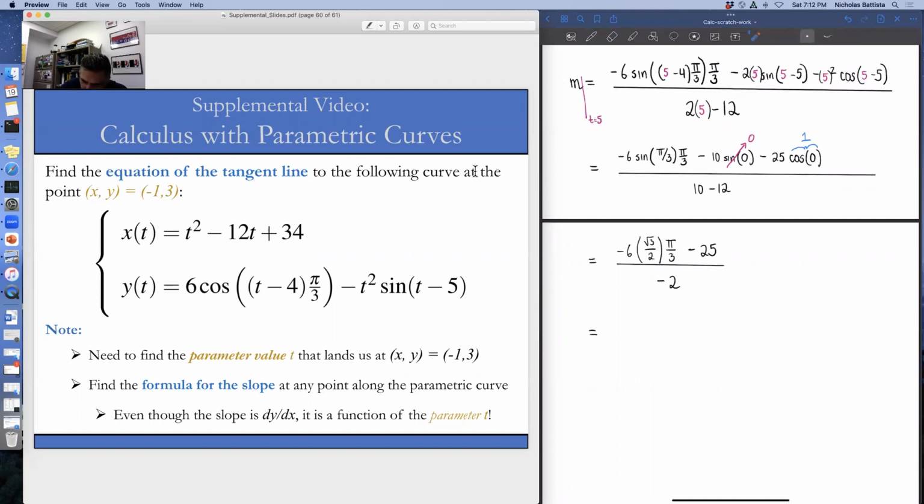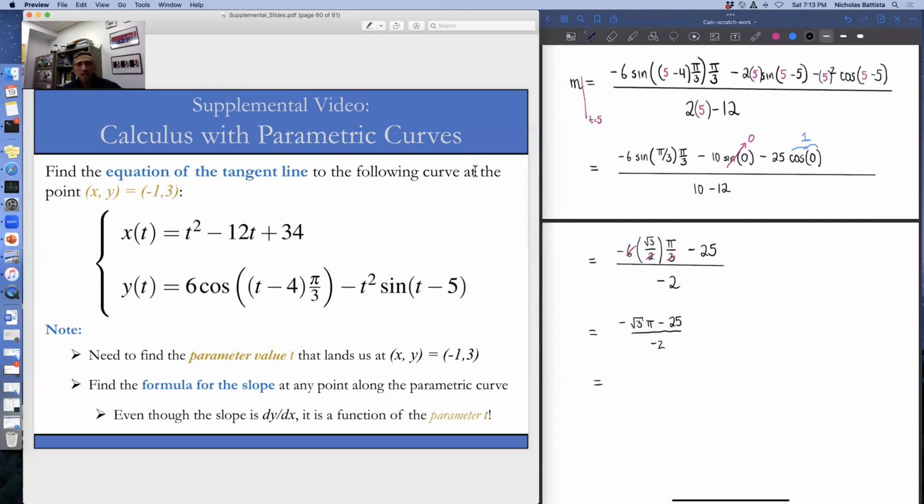Well, if we're looking at this 6, we have a 2 and a 3 in the fractions in that numerator. And the 2 times 3 multiply together to get 6, so we can cancel out those factors entirely. We'll have a 6 over 6. So in the numerator, what this looks like is a minus square root of 3 times pi minus 25, all over a minus 2.